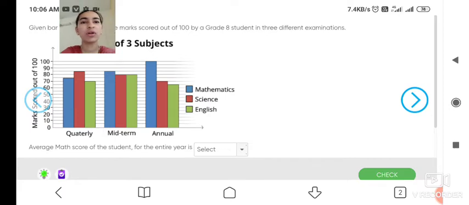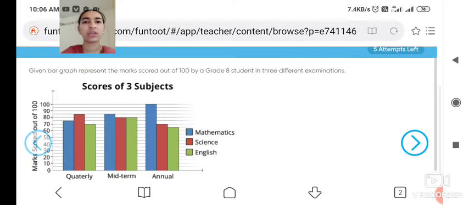Let's take one more. The question is given: the bar graph represents the marks scored out of 100 by a grade 8 student in 3 different examinations. There are 3 types of examination: mathematics, science and English.